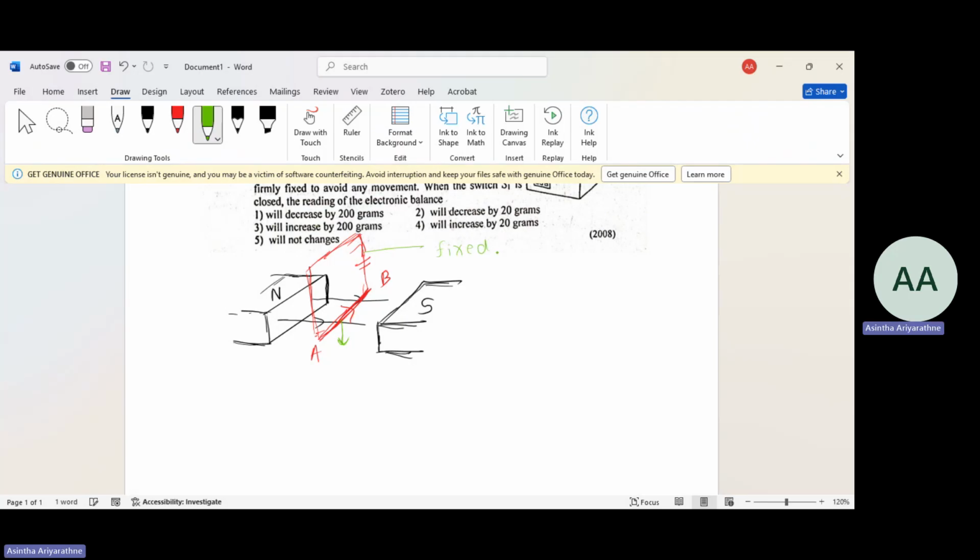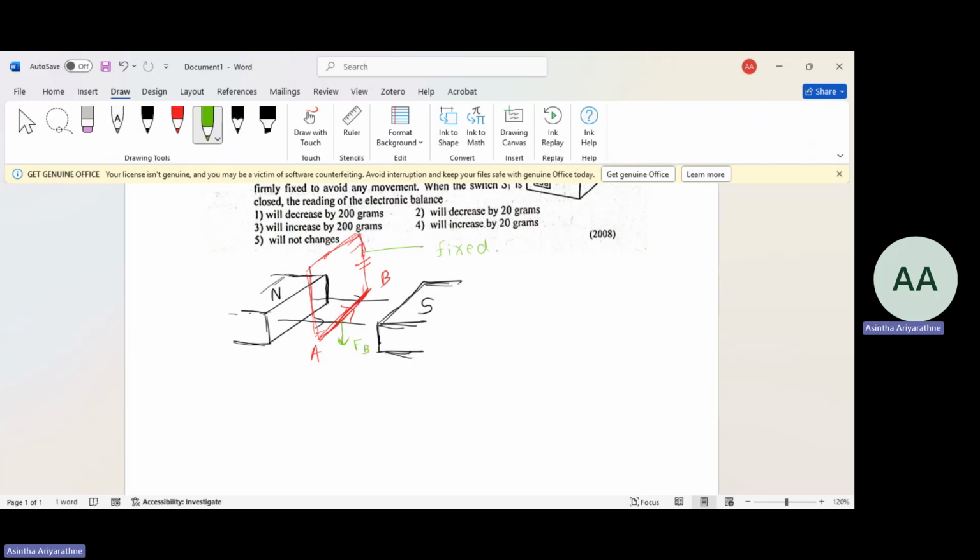The wire loop is firmly fixed, so it is impossible for it to move. It's rigidly fixed. So this magnetic force acting on the wire loop is downward.